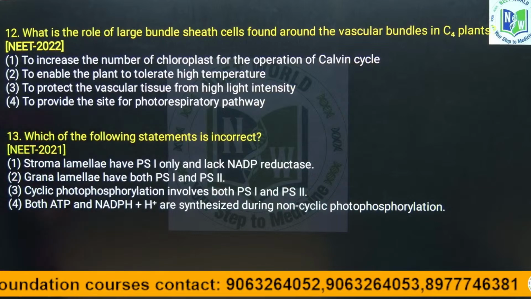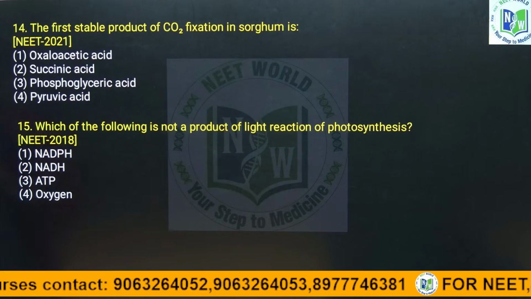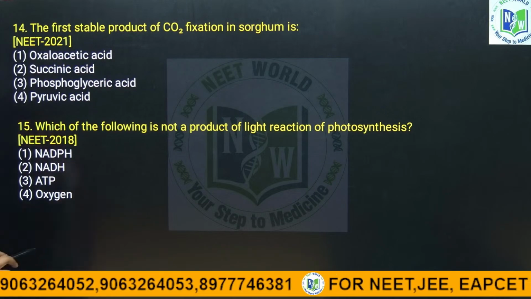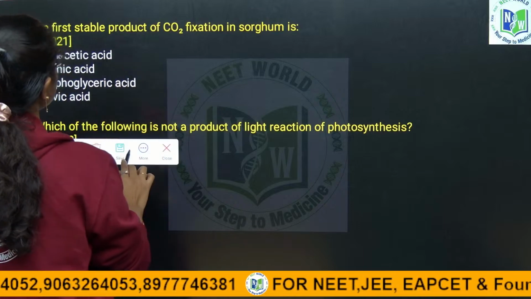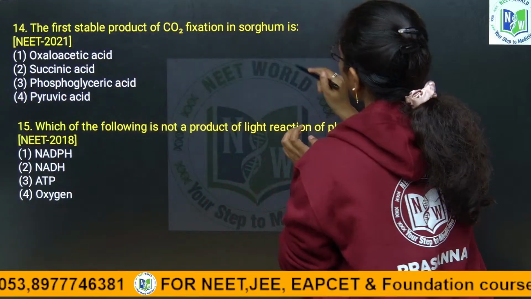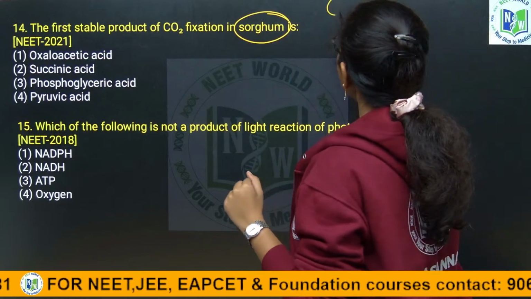Next, a question that was asked in 2021, about the first stable product formed in carbon dioxide fixation of sorghum. You have to remember these examples, C4 plants.